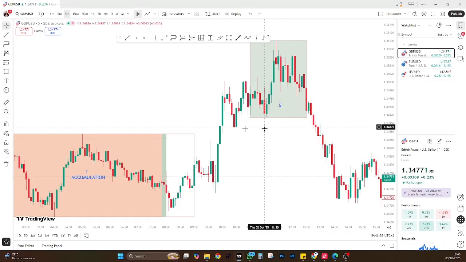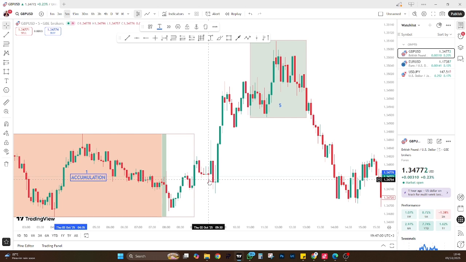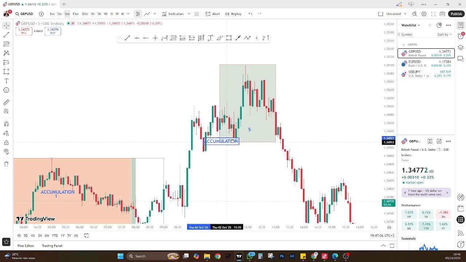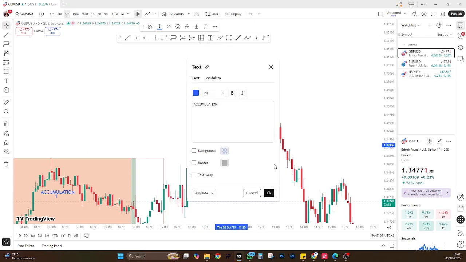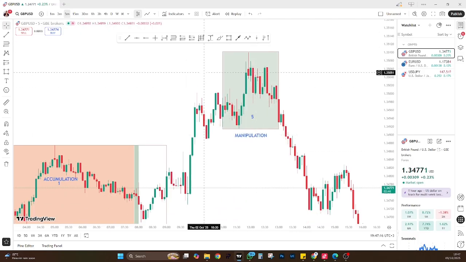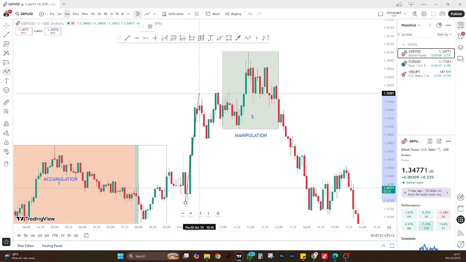So that is 5, and this is our manipulation. So this move, because this is the move that took out what?